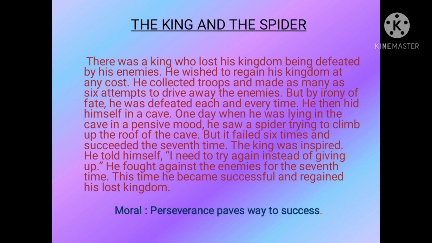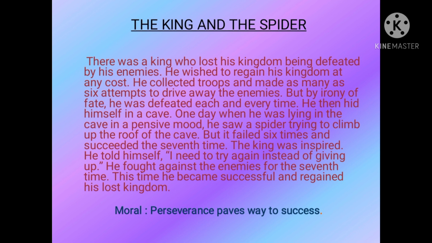The title of the story is The King and the Spider. There was a king who lost his kingdom, being defeated by his enemies. He wished to regain his kingdom at any cost. He collected troops and made as many as 6 attempts to drive away the enemies.